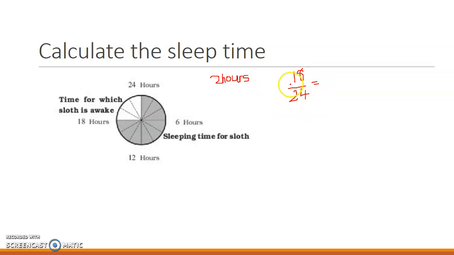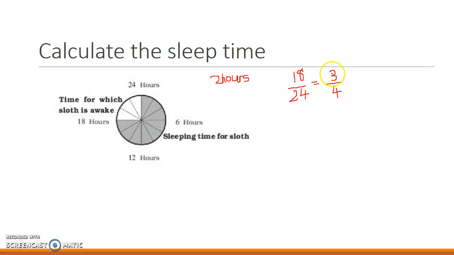So 18 out of 24 hours it sleeps. But this is not the lowest fraction. When you divide it by 6, you get 3 and this is 4.